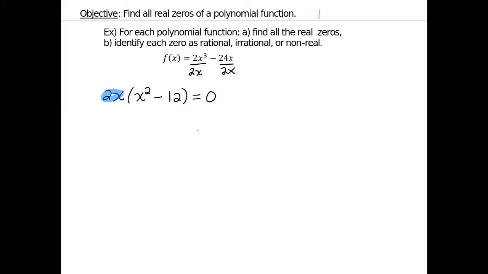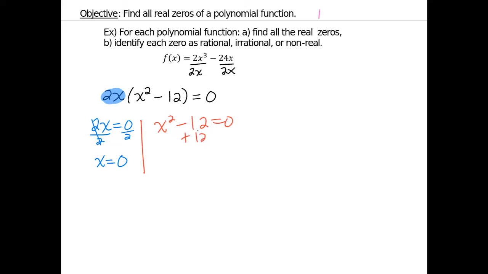So then again, you want to make each piece equal to 0. I have 2x equals 0, so divide by 2. That gives me x equals 0. And then for the next part, I have x squared minus 12 equals 0.